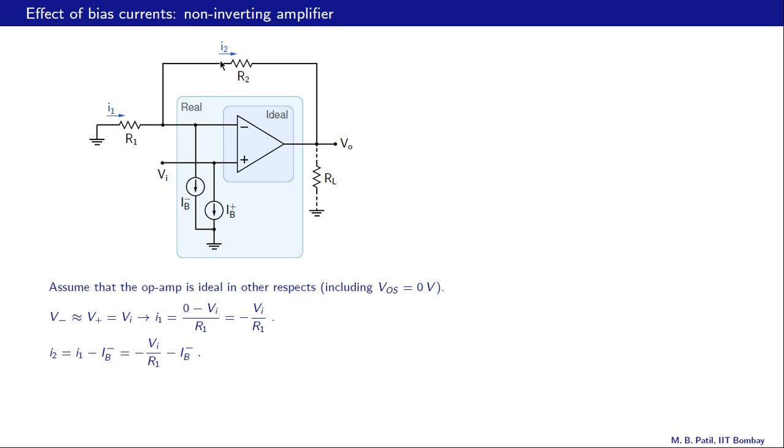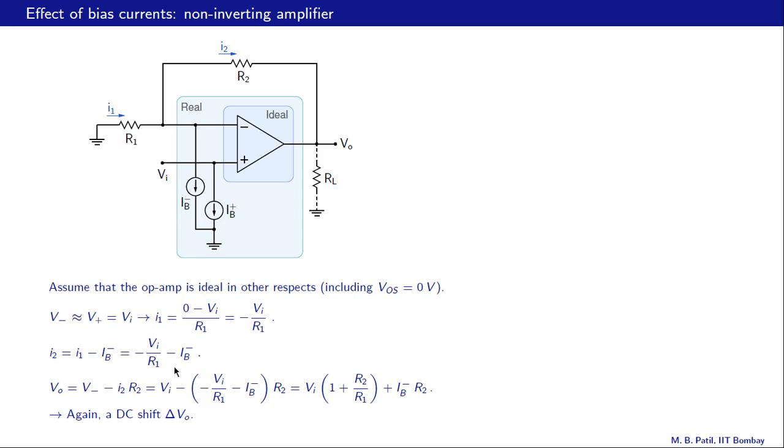This current I2 is I1 minus IB minus because this current is 0, that's an input current for the ideal op-amp, and therefore we get I2 equal to minus Vi by R1 minus IB minus. And now we can write VO as V minus minus this voltage drop, which is I2 times R2.